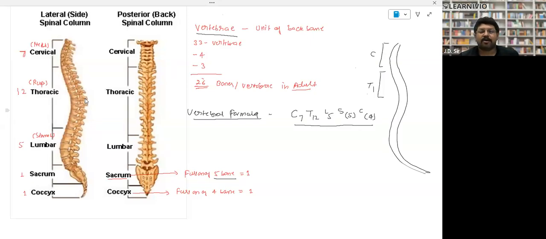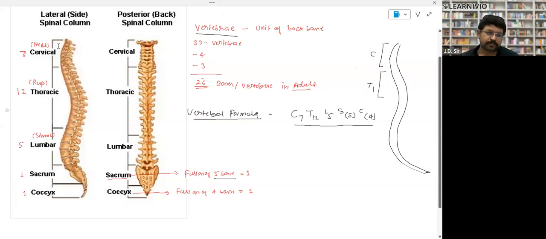These curves are not there in the vertebral column of other animals like monkeys and apes. That's why they cannot walk like humans. But humans can walk like humans because we have the 5 curves in our backbone, right? These 5 curves make us modern.